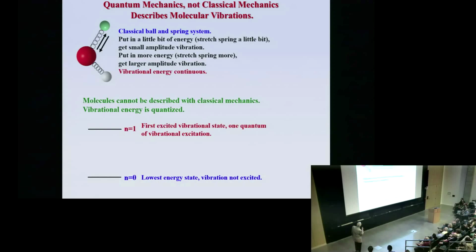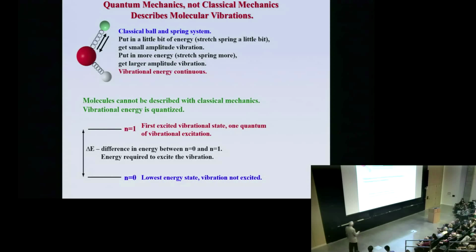So in quantum mechanics, you have vibrations, but what you have is a state, a quantum state, in which the molecule is not vibrating, and then you can have a state where the molecule is vibrating in some sense at a certain amplitude, but you can't have anything in between. This is higher energy than this. You can have this energy, or you can have this energy. This energy difference is the difference between the lowest quantum level of this vibrational motion and the first excited vibrational level.